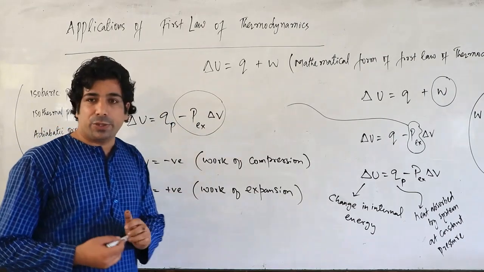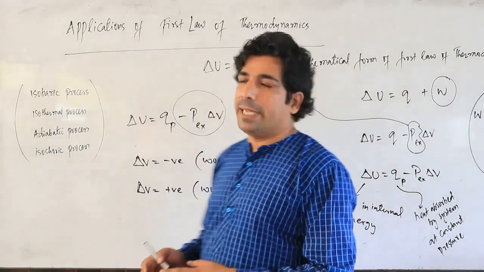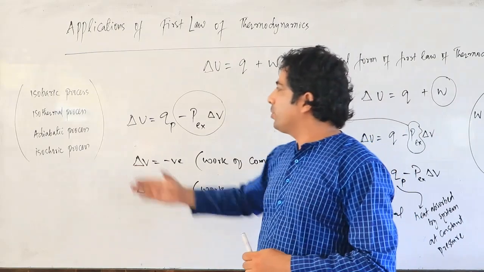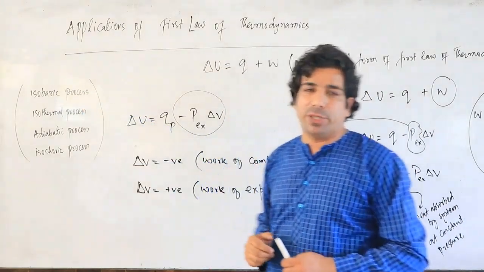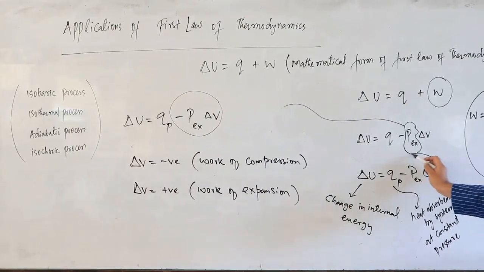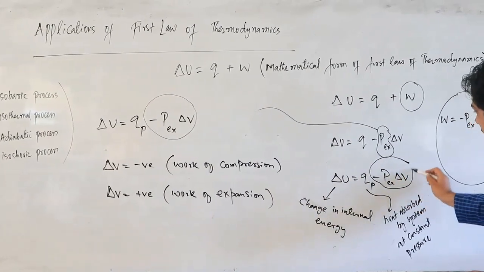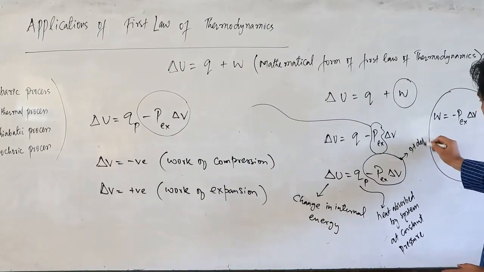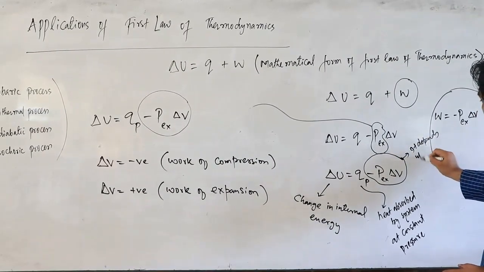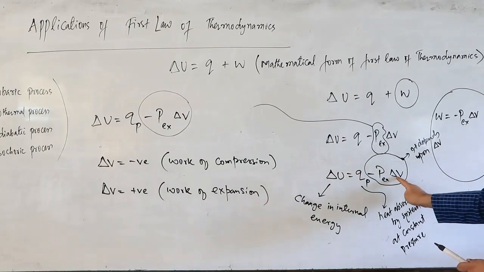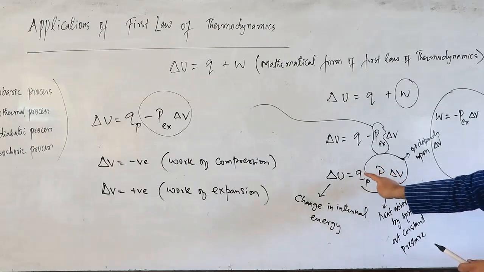I hope you have understood the application of the first law of thermodynamics with respect to the isobaric process, where pressure remains constant. So this expression will depend upon delta V. If delta V is negative, then negative into negative will become positive.